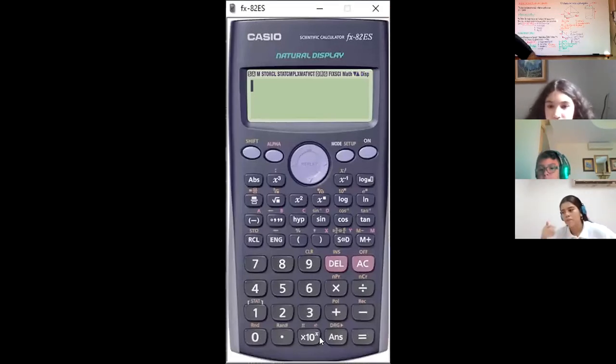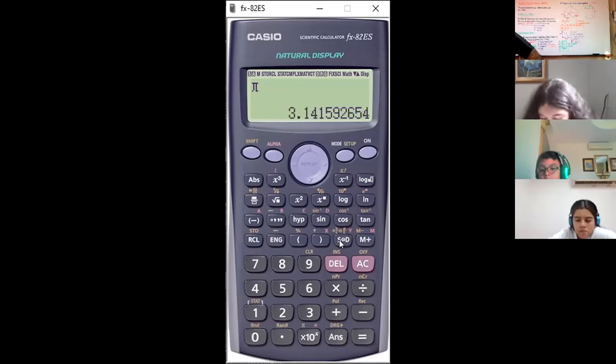If you really want to know the value of pi in this calculator, the only thing we have to do is push the shift button and push the scientific notation button that says times 10, and you're going to see this symbol. This symbol represents pi. And if you want to know the numerical value, push the equal button or the SD button, which means standard, and it will give 3.14159265 and 4.